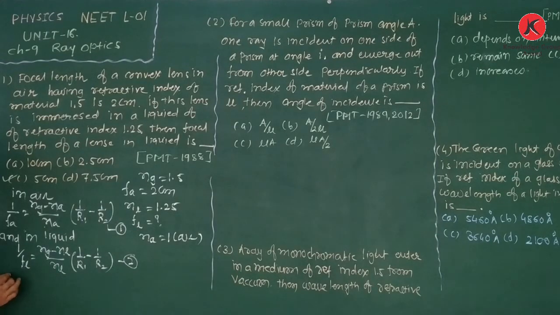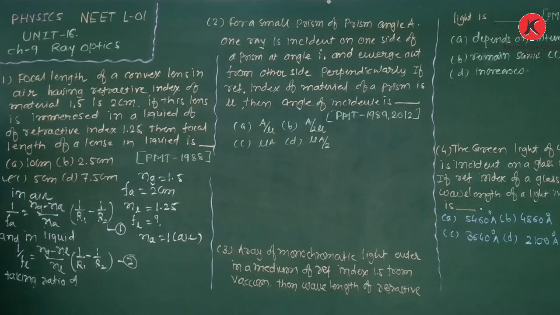Taking the ratio of equation 1 and 2, our final equation becomes FL upon Fa is equal to this divided by this.